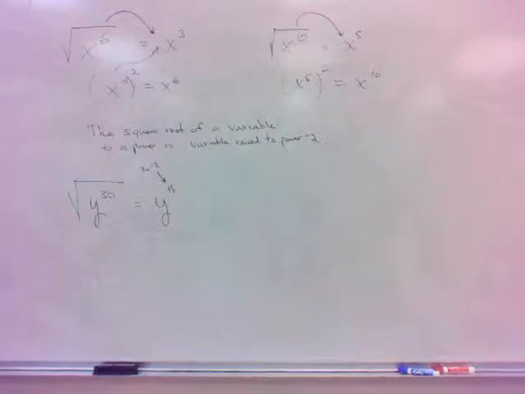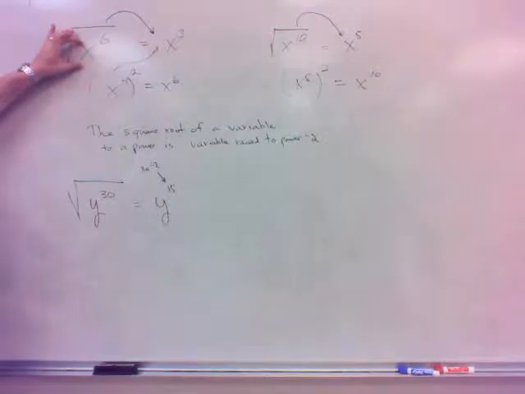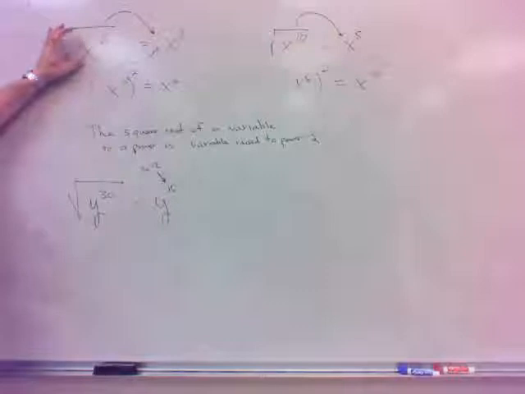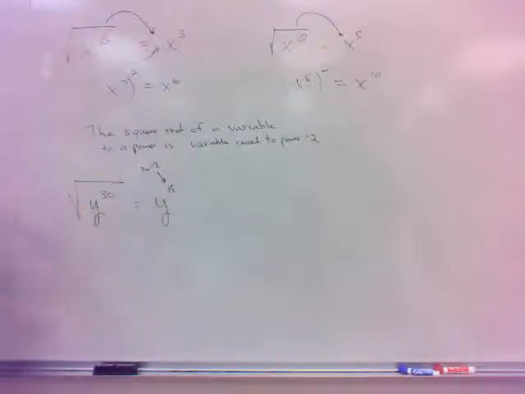Now, there is one little catch. For this to work, because you can't do the square root of a negative thing for real numbers, for most of these, the variables will only be positive values. Just a little technicality there.